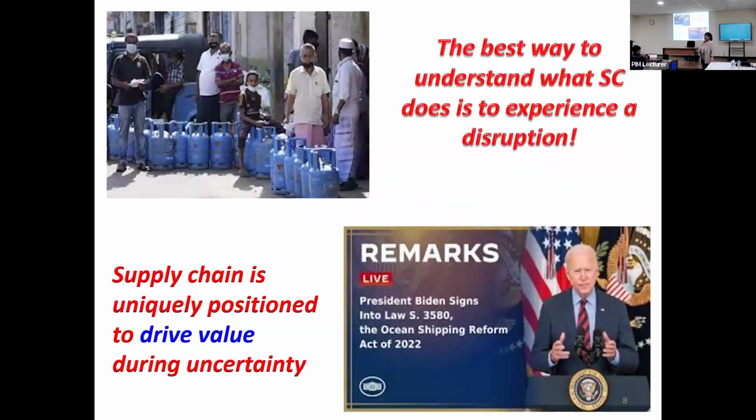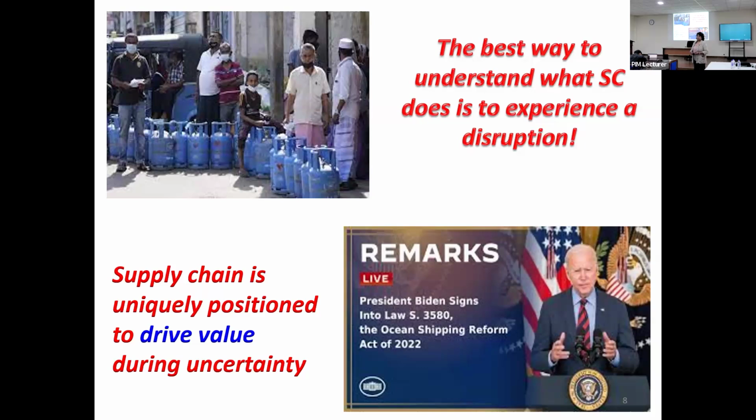So the best way, as I mentioned to you, to understand what supply chain does is to experience disruption, right? And these days we hear a lot. Our president is talking about, if not for me, we will still be staying in the queues, right? But supply chain is actually uniquely positioned to drive value during uncertainty, because that's an opportunity.